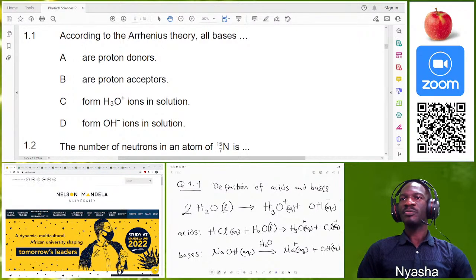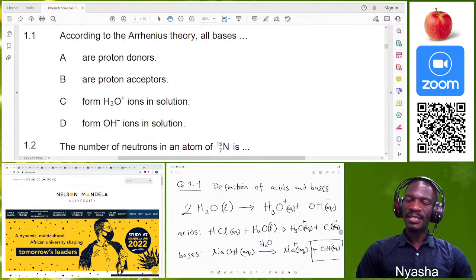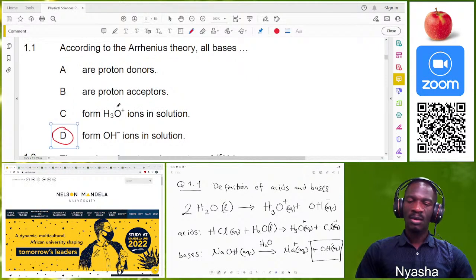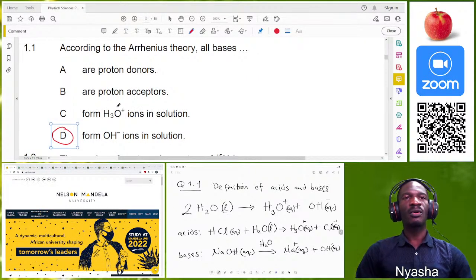So according to what we are given here, bases form hydroxide ions in solution, and your answer would be, in this case, D. Let me see if I can circulate that so that we can refer to it later on or elsewhere. So that would be our solution. If you have questions on this one, you can drop the questions through the chat so that we can discuss.